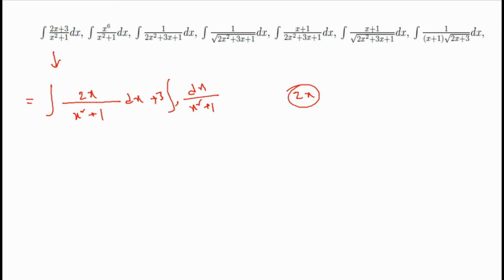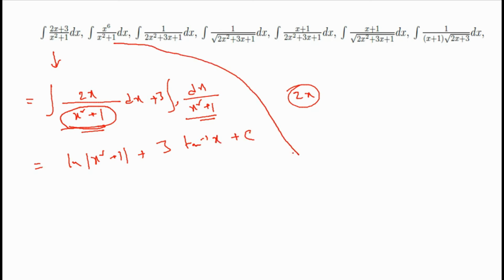Now this can be easily solved by putting x square plus 1 equal to z, and if you differentiate x square plus 1, then you will have 2x. So this is ln of x square plus 1 plus 3. We already did this integration. So this is tan inverse x plus c. So you can easily solve that.